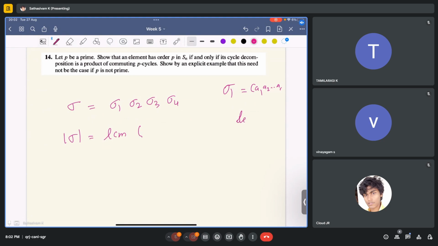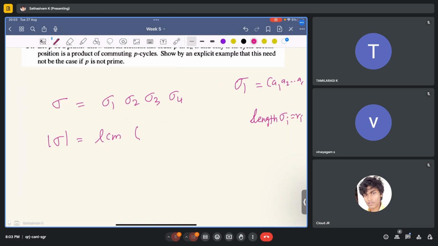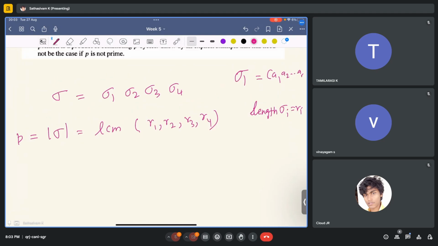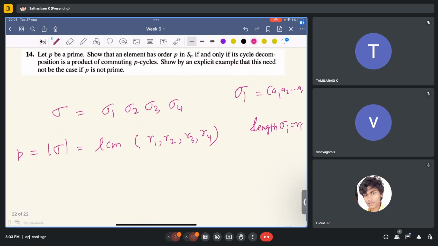Let me call the length of sigma i as r_i. By length, I mean if you have a cycle like this, the length is just this r, how many elements are in it.